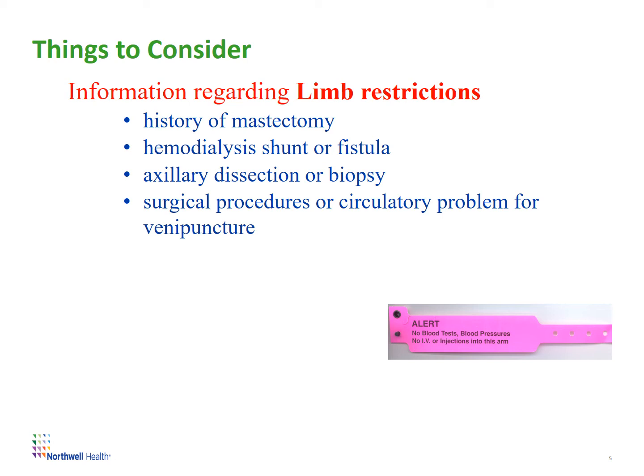Usually such patients will have an alert band placed on the hand, but you also may have to ask the patients whether any limb restrictions are there for the particular limb, such as history of mastectomy on that side or presence of a shunt or a fistula for dialysis patients, and any recent dissection of or biopsy of axillary lymph nodes. The surgical procedures or circulatory problem for a venipuncture specifically for that particular limb should also be monitored.